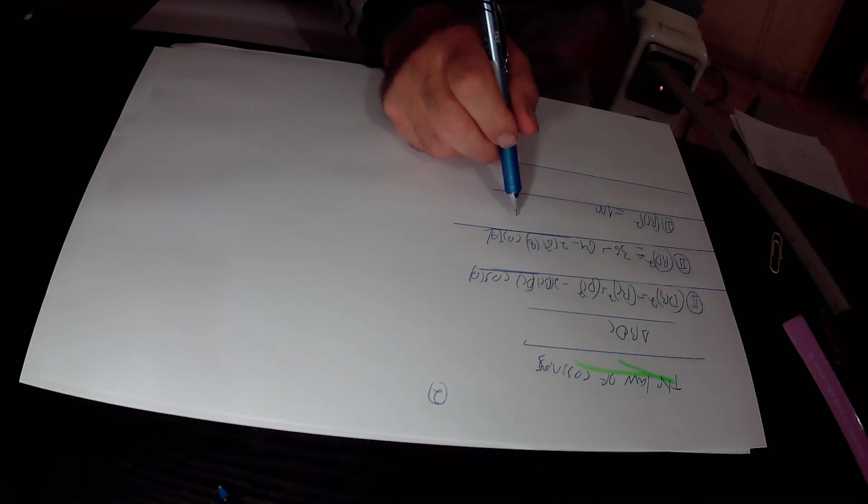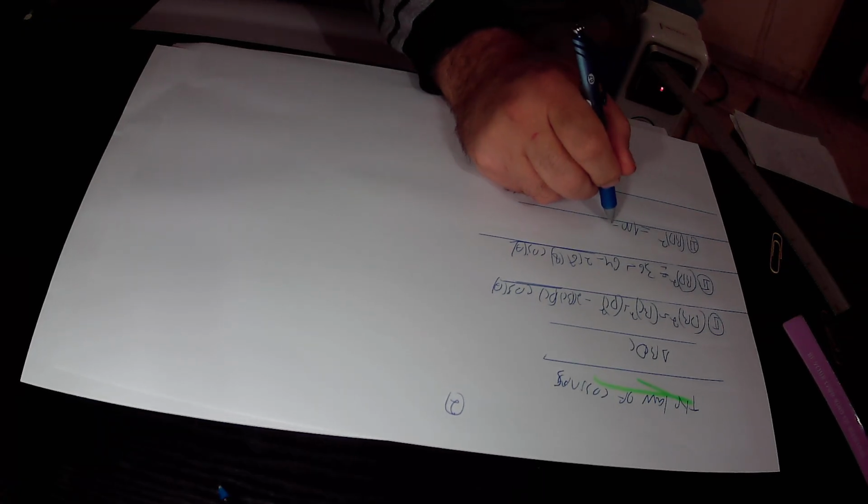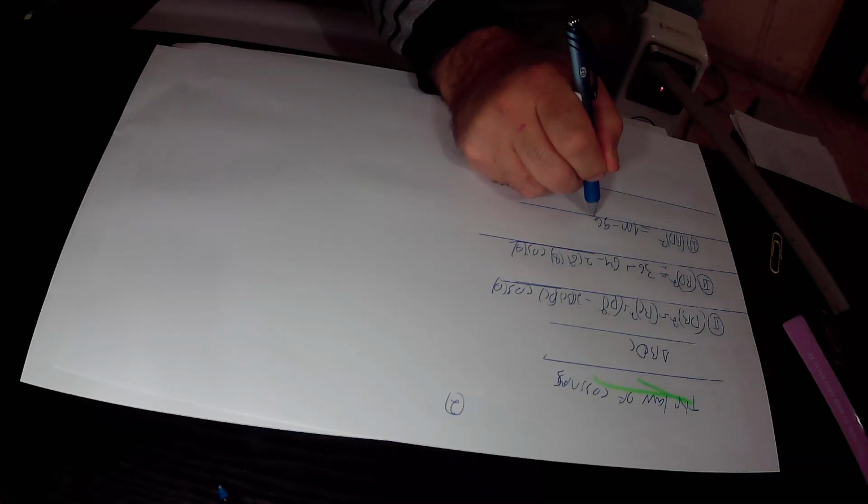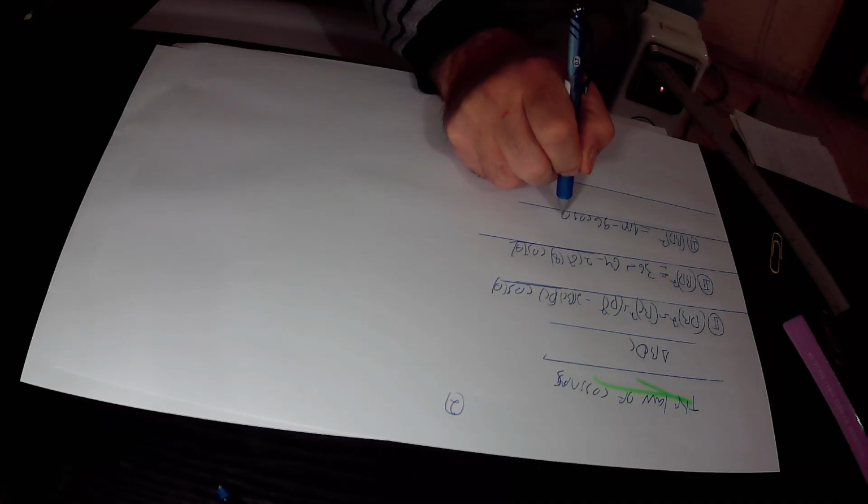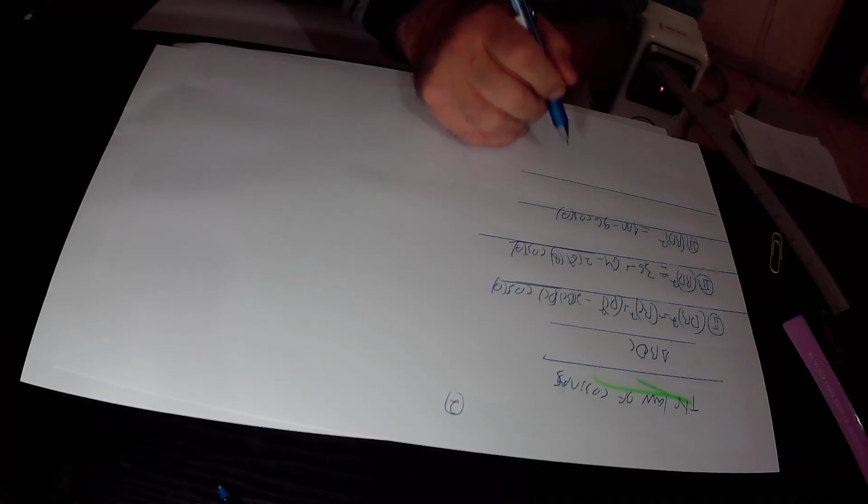So this expansion in total equals minus 96 cosine theta. So in total, according to equation 2, BD squared equals 100 minus 96 times cosine theta.